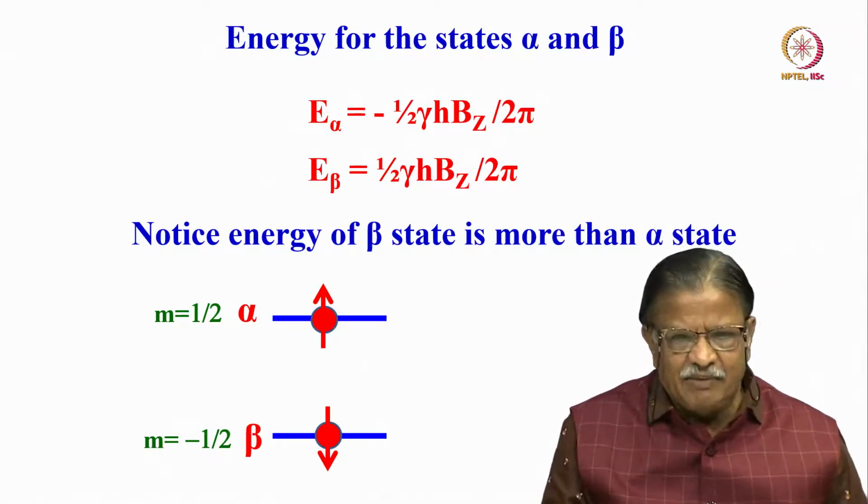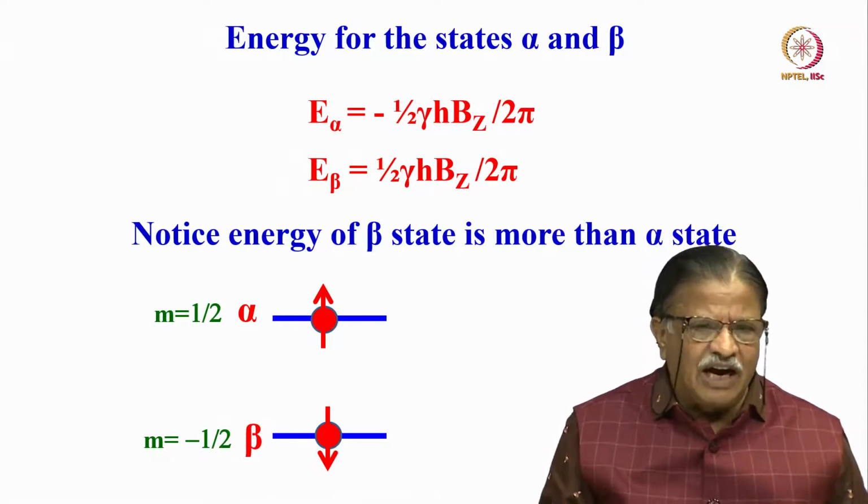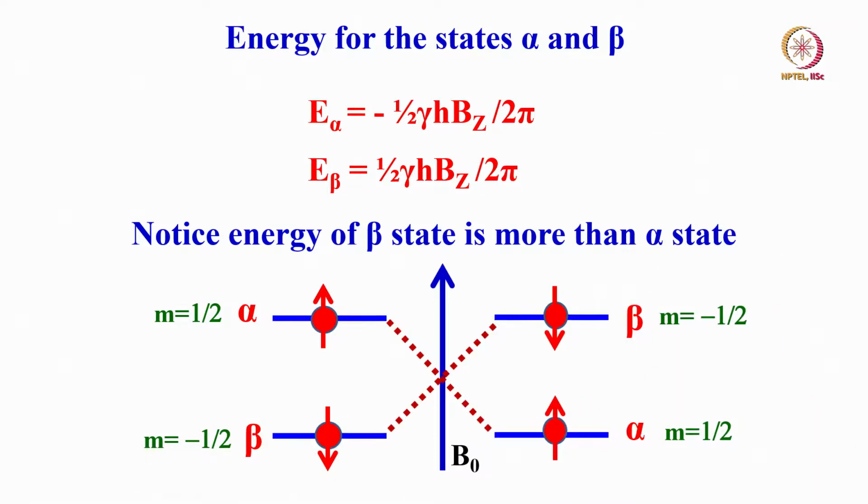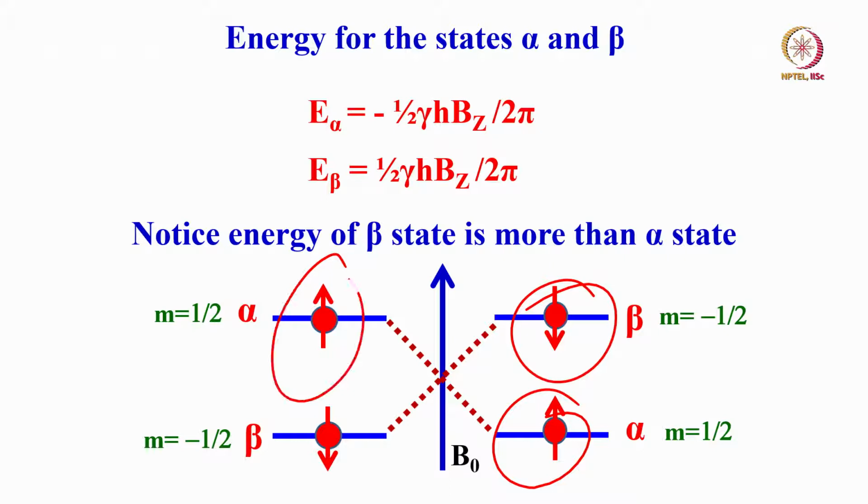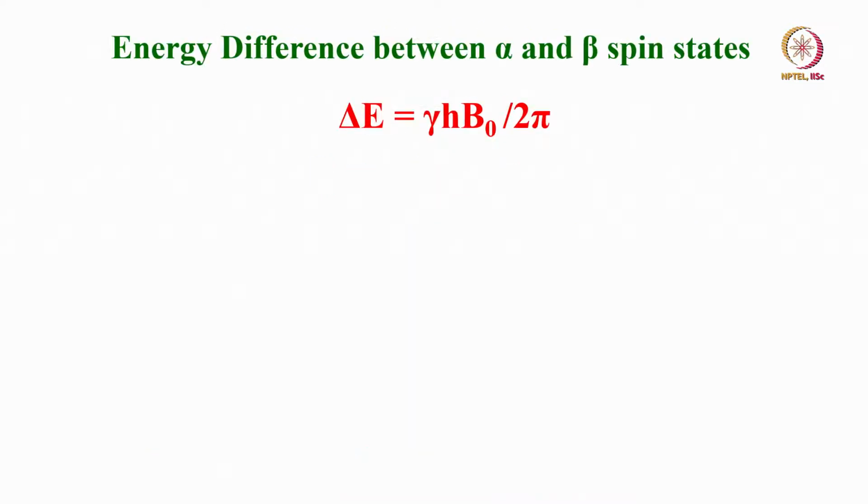In the absence of the magnetic field, I write this as the alpha state and this as the beta state; as soon as I put in the magnetic field, this is the energy state. Beta is higher in energy than the alpha state. Remember, this is up and this is down, and before the magnetic field, this is alpha and this is beta. Now, find out the difference in energy between the alpha and beta spin states.